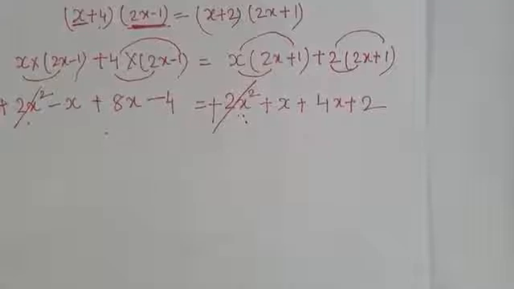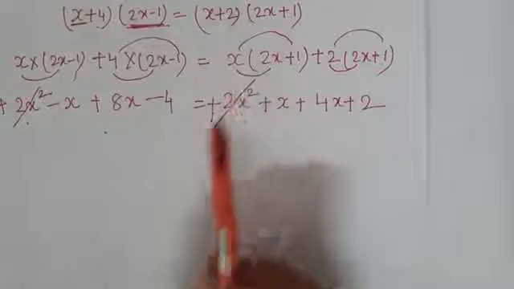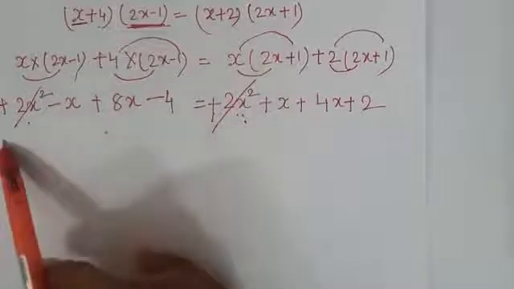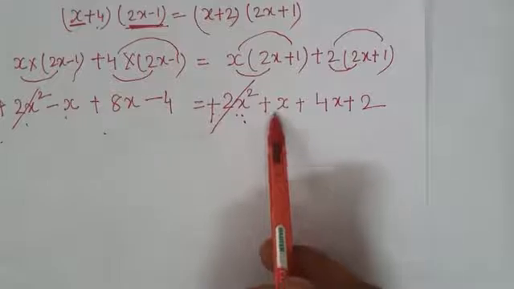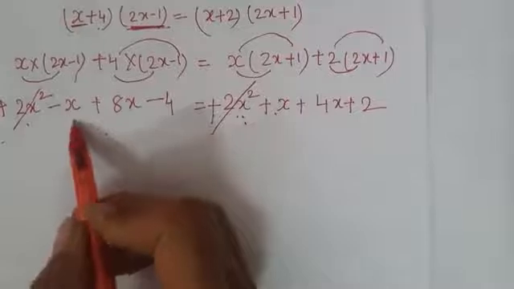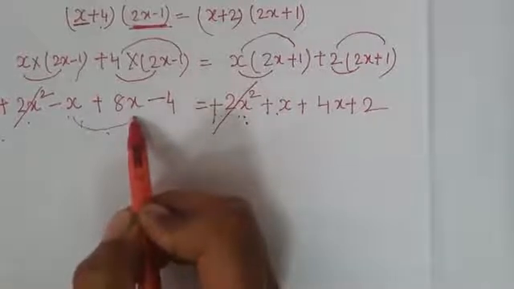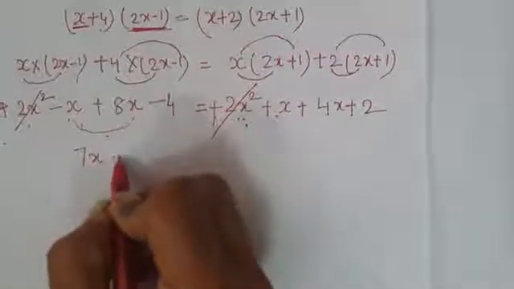Keep this thing in your mind. This is plus, this is plus. Only then you can cancel. Now see, minus x is here, plus x is here. We cannot cancel. Clear? Now minus x plus 8x, like terms, gives you 7x minus 4.